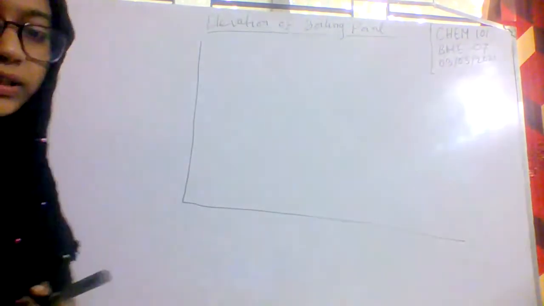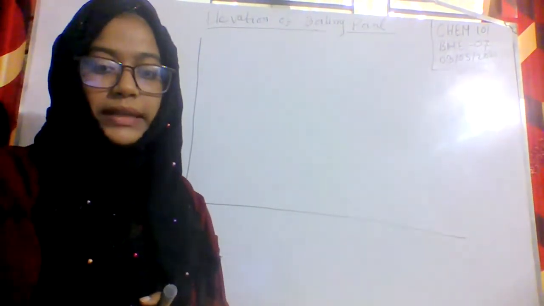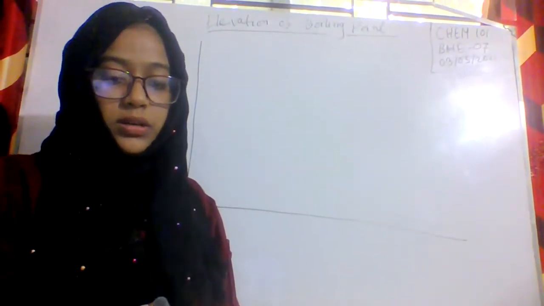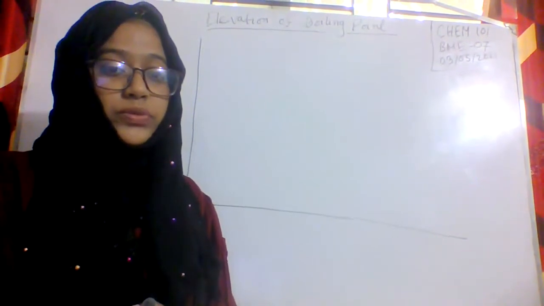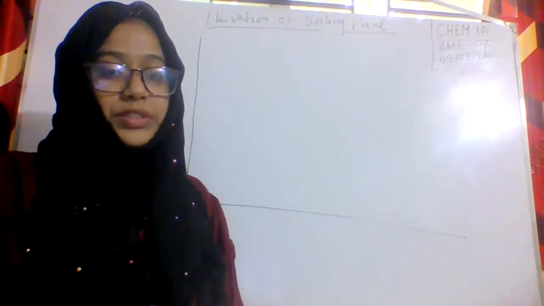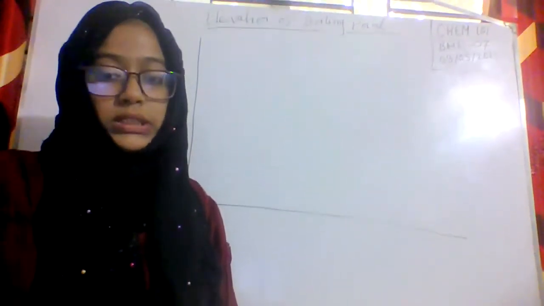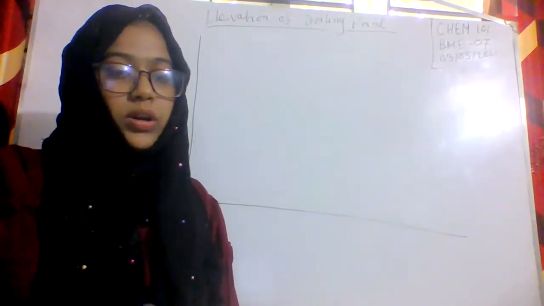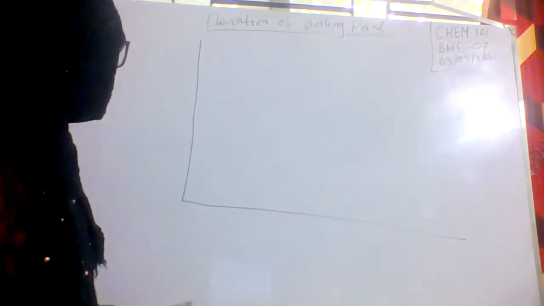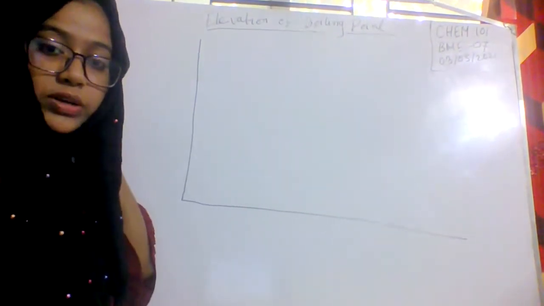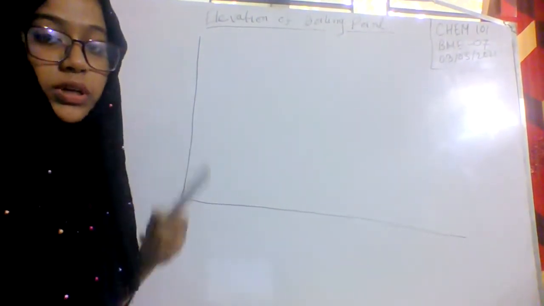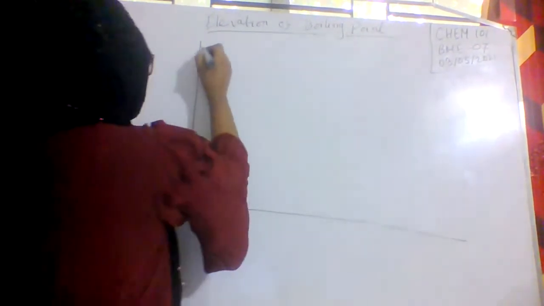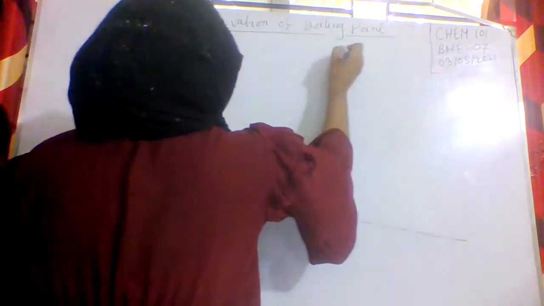So you just learn how to draw the graph, because it is important that you know the graphical representation of your theoretical knowledge. Theoretically, what do we know? We know that the boiling point is the point where the vapor pressure is equal to the atmospheric pressure. So now, first of all, I will draw the graph.